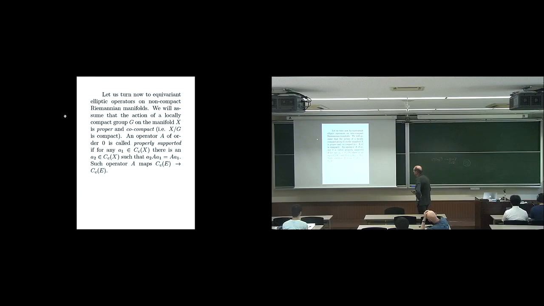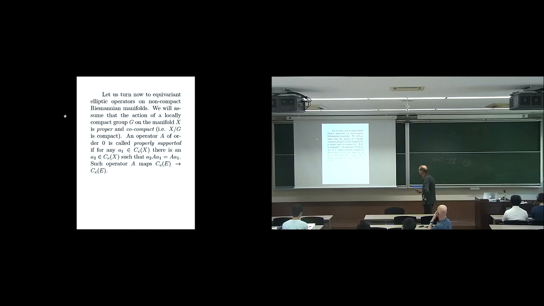The operators we will consider are pseudo-differential operators of order 0, which will be called properly supported if for any compactly supported function A1, there is another function A2 such that the composition A1 then your operator A2 is the same as A1.